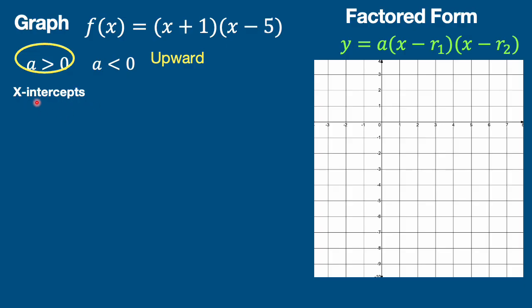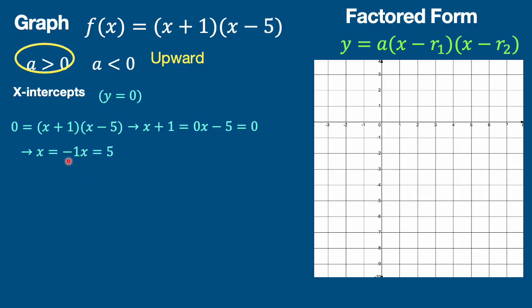Let's find the x-intercept. Intercept means y equals 0, right? So 0 equals (x plus 1)(x minus 5). This is factored form, so we can find the x value very quickly. So x plus 1 equals 0, x minus 5 equals 0. x plus 1 equals 0 means x equals -1. x minus 5 equals 0 means x equals 5.